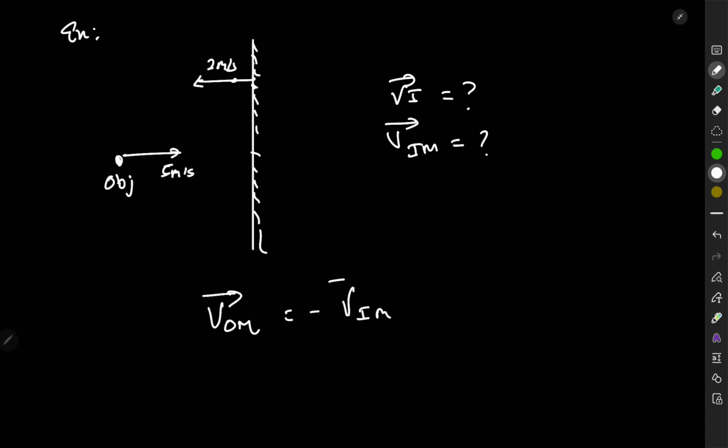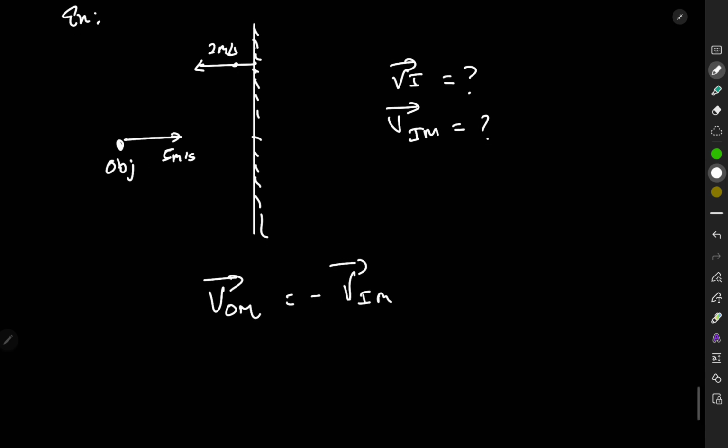Velocity of object minus velocity of mirror. So what is velocity of object? It's 5 meter per second. Take one direction as positive and other direction as negative.